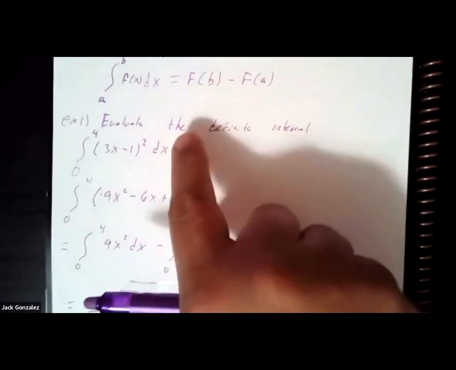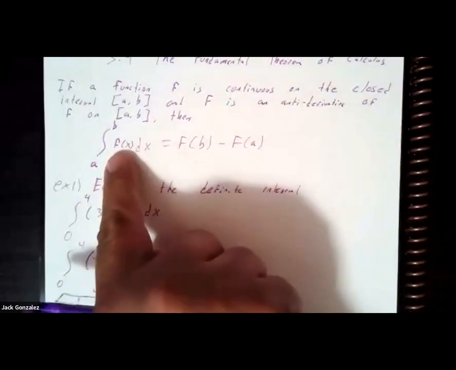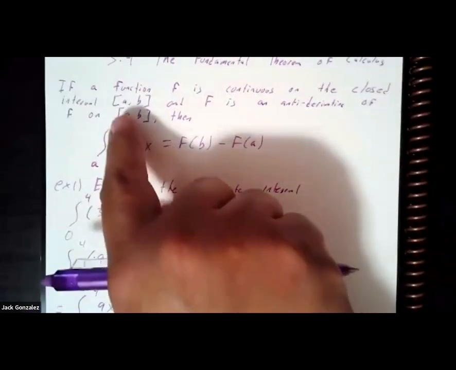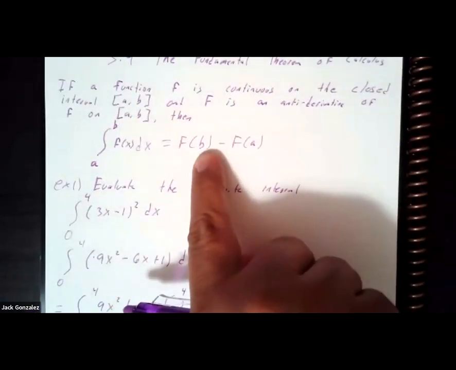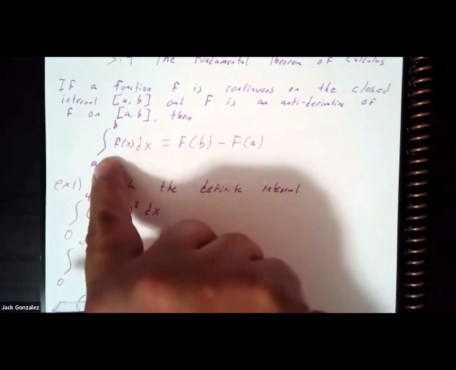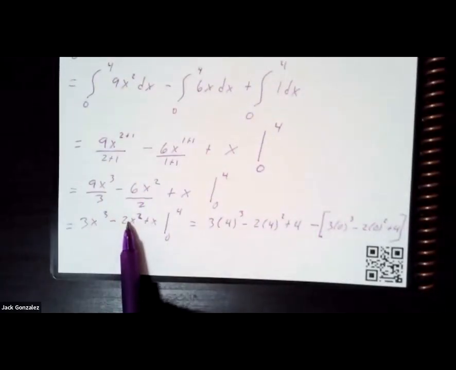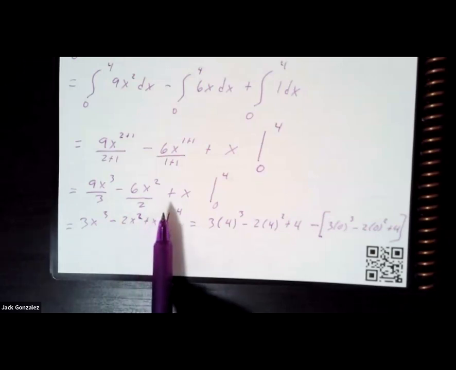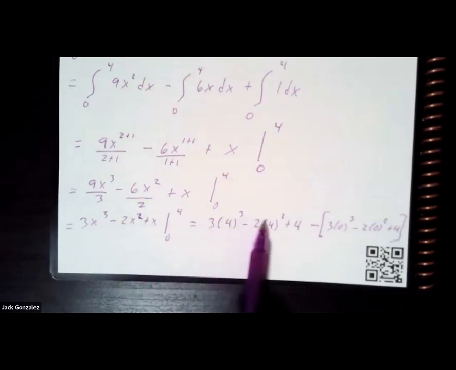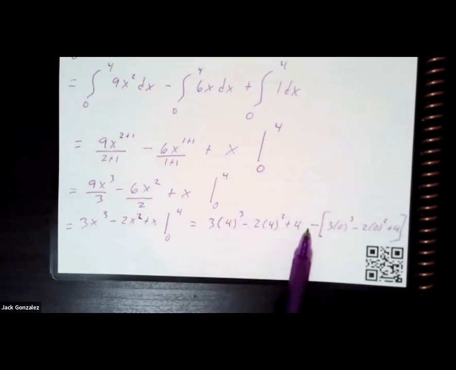This is what the fundamental theorem is saying. Do the antiderivative first, and then plug in whatever number's up here first, minus whatever you found as the antiderivative at the bottom one. So we found the antiderivative to be this, 3x cubed minus 2x squared plus x. Just plug in the 4, minus plug in the 0 here.